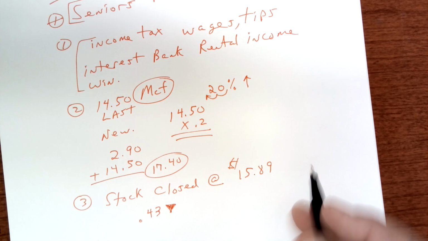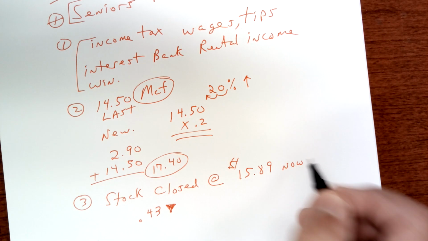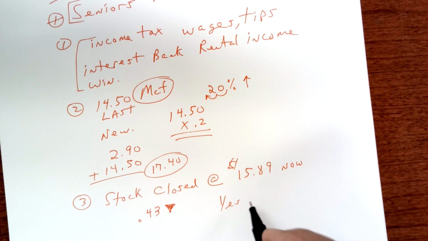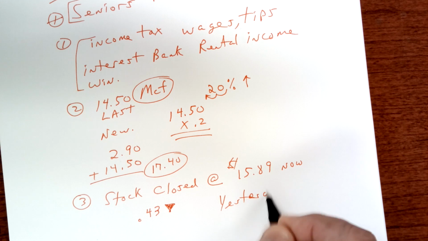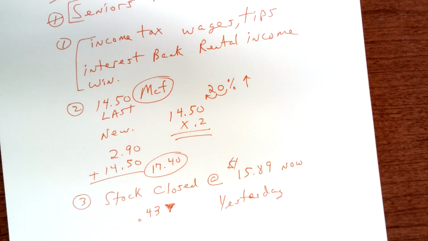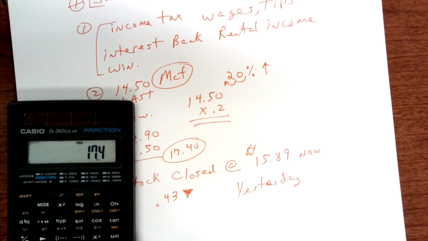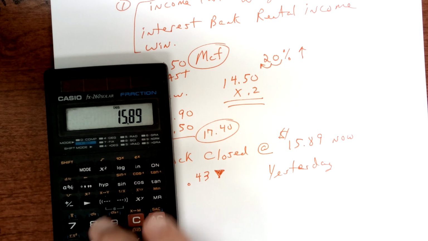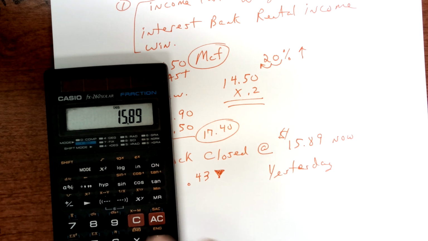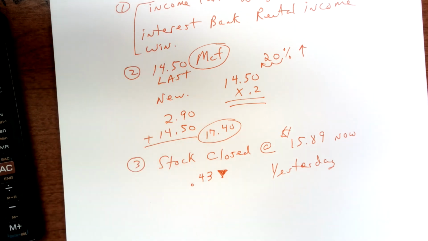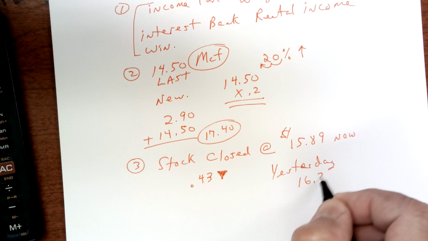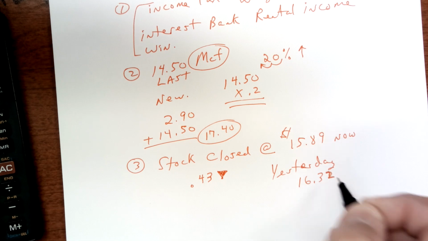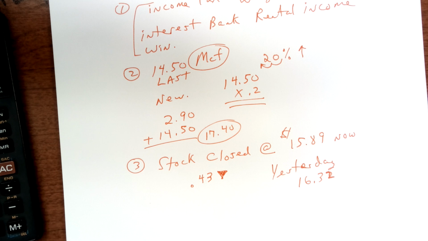So this was now, and yesterday it was higher. It was 43 cents higher. So if you add $15.89 plus 0.43, I get $16.32. So yesterday it was 16.32. 43 cents higher.